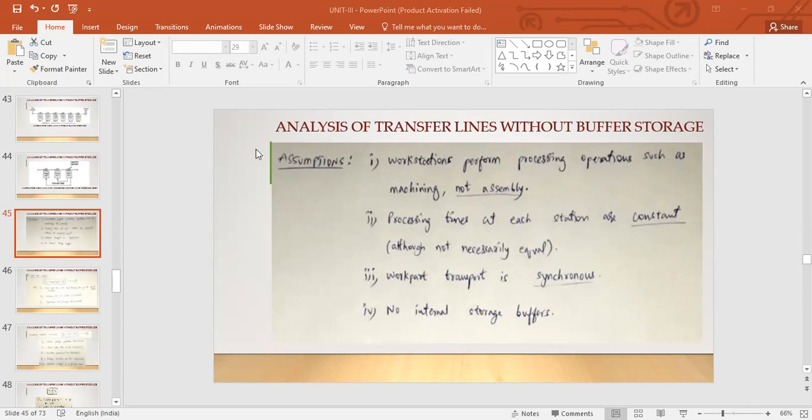So you see, when it comes to the assumptions, okay, we have some assumptions here that we are not considering too complicated of an analysis. Okay, we are trying to have some simplicity here, so we are assuming some things. First assumption is your workstations perform processing operations such as machining and not assembly. Okay, we are considering now machining operations.